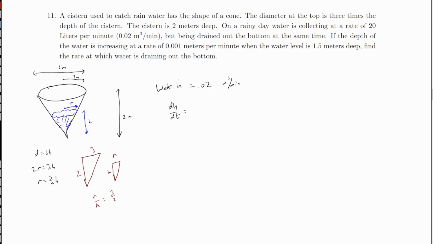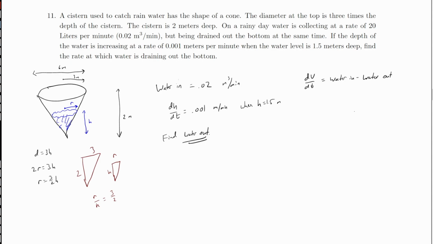It's increasing at a rate of 0.001 meters per minute when the water level is 1.5 meters deep. Find the rate at which water is draining out the bottom. So I want to find out how fast the water is going out. So dV/dt, the rate of change of volume, is going to be water in minus the water out.